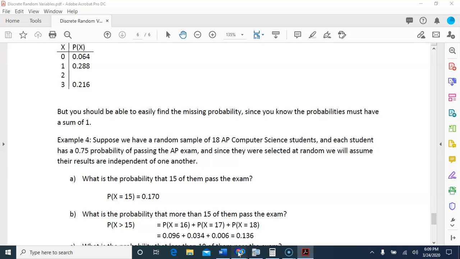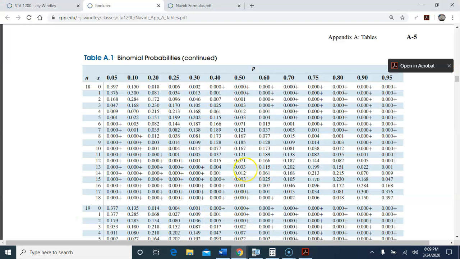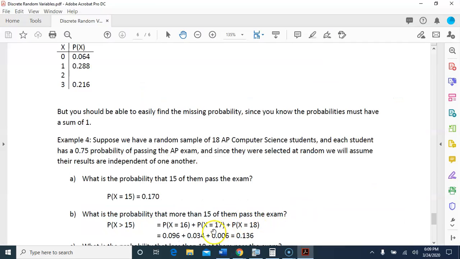So we bring up this table. The probability of 16 successes is 0.96. The probability of 17 successes is 0.34. Probability of 18 successes is 0.06. So we add those probabilities together, and we get an answer of 0.136.